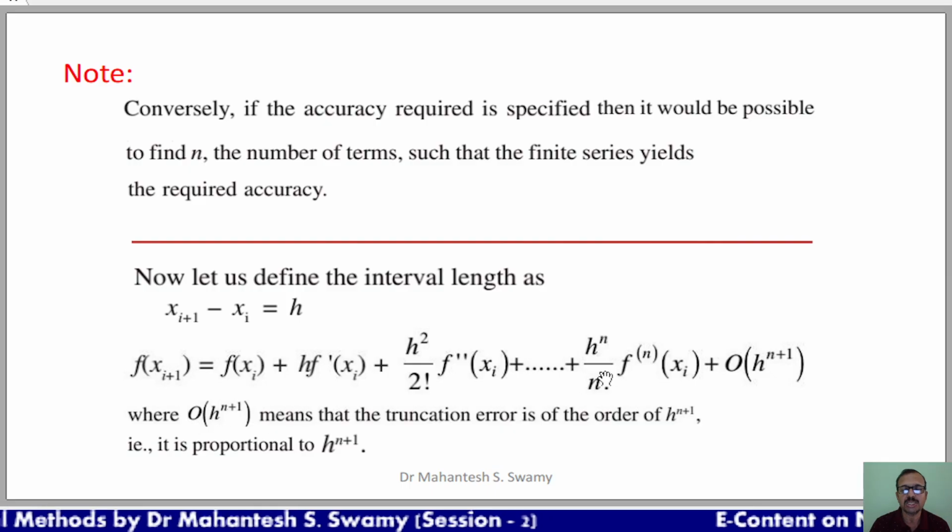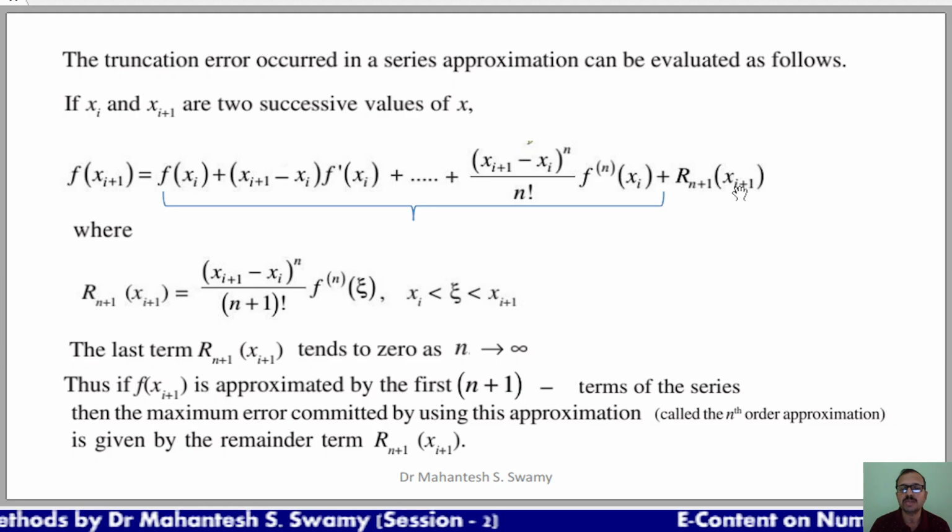Now here, this O of h to the power of n plus 1, why we have written, please observe, this is the term which is having h to the power of n divided by, sorry, it should be n plus 1. Please make a correction. This bracket is h to the power of n plus 1 divided by n plus 1 factorial. So this term is having the order of n plus 1.